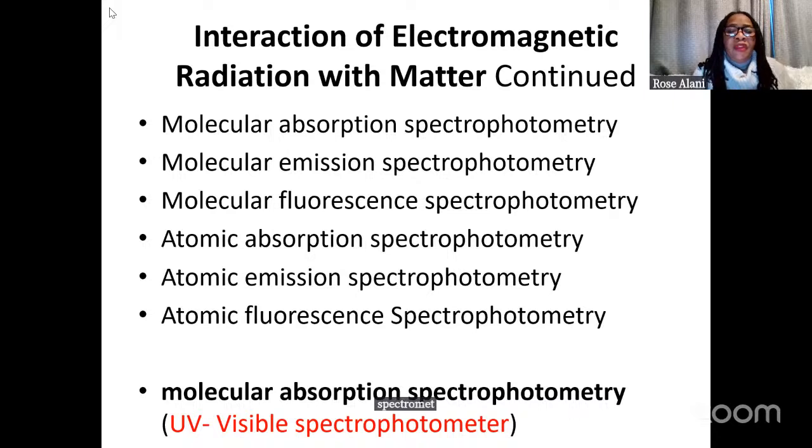You have atomic emission spectrophotometry, just like that of molecular, and you have atomic fluorescence spectrophotometry, just as you have molecular fluorescence spectrophotometry. Then let's look at molecular absorption spectrophotometry. That is where we have the UV-visible spectrophotometer, which uses molecular absorption spectrophotometry.